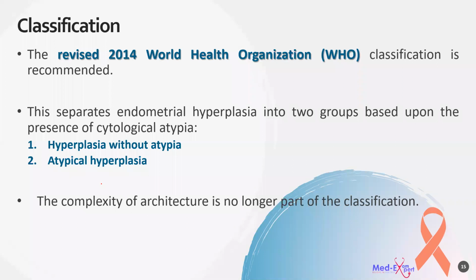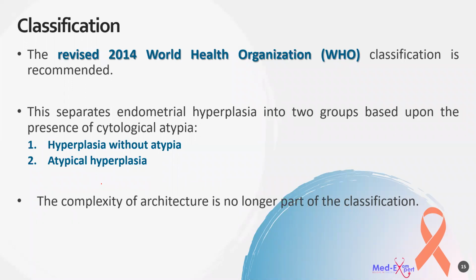It separates endometrial hyperplasia into two main groups according to the presence or absence of cytological atypia: hyperplasia without atypia and hyperplasia with atypia, or atypical hyperplasia.